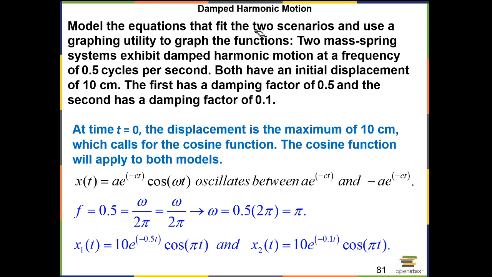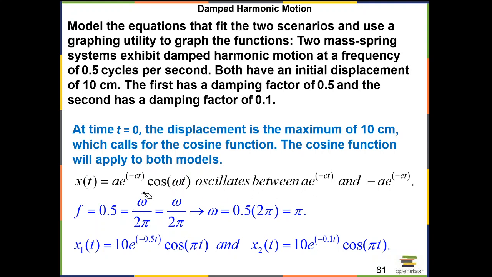Model the equations that fit the two scenarios and use a graphing utility to graph the functions. Two mass spring systems exhibit damped harmonic motion at a frequency of 0.5 cycles per second. Both have an initial displacement of 10. The first has a damping factor of 0.5, and the second one has a damping factor of 0.1. So basically, we have formulas, right?